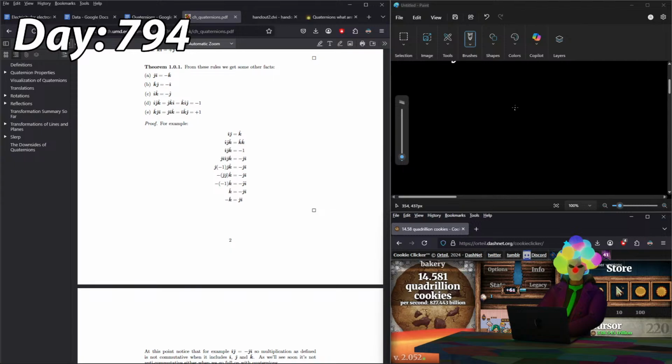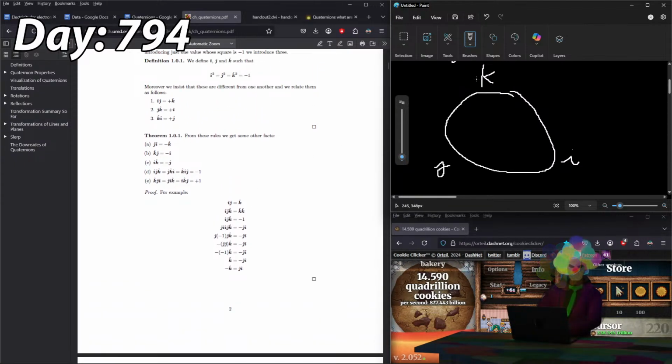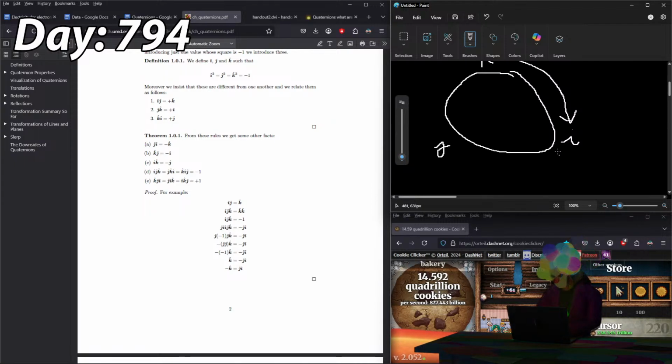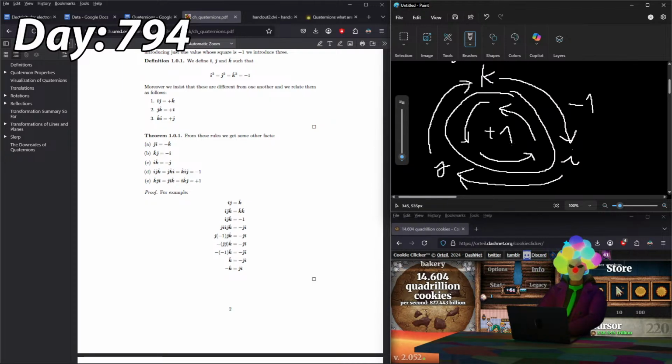So basically, we can imagine it on a circle with k, j, i, where going k this way, we're getting a -1, and this way, we're getting a +1. That's how we can imagine it. So multiplication to the right gives us a -1.